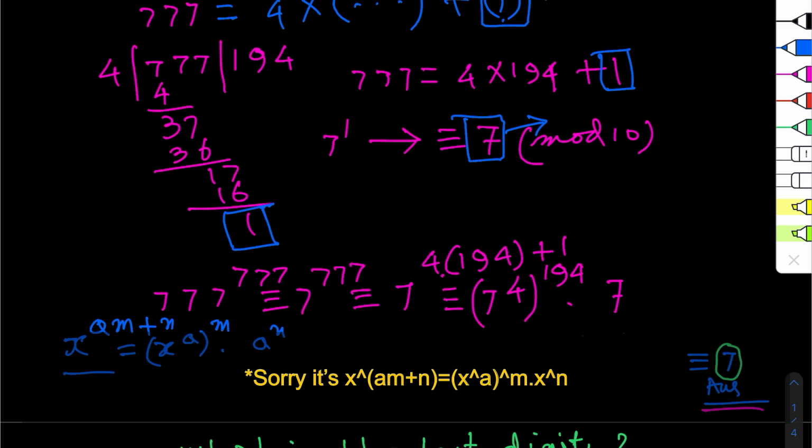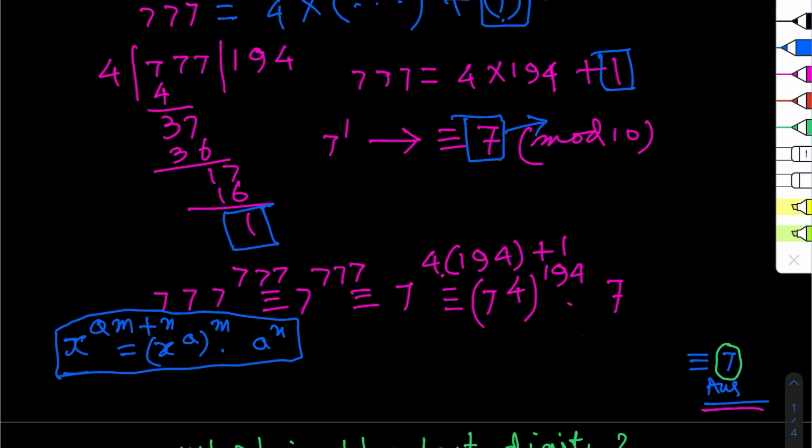So it is a formula, and just using this formula we write this. So 7 to the power 1 will give 7 as the remainder mod 10.